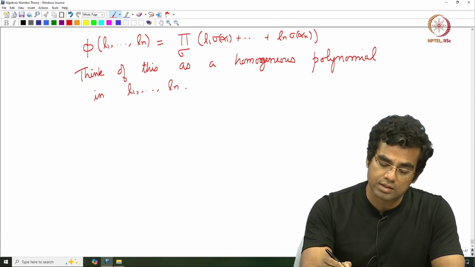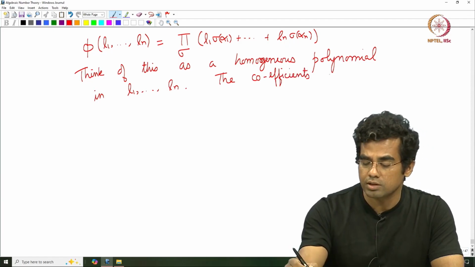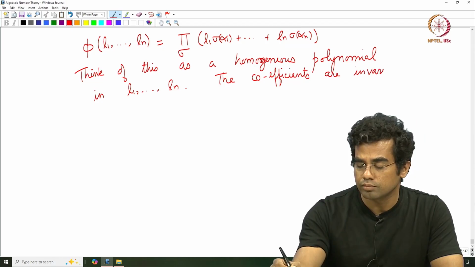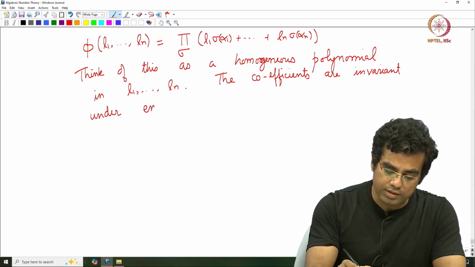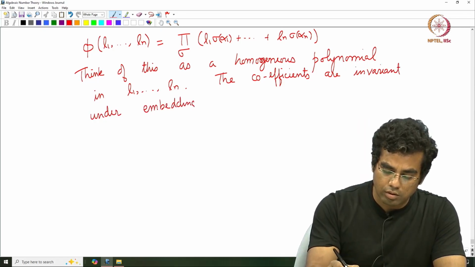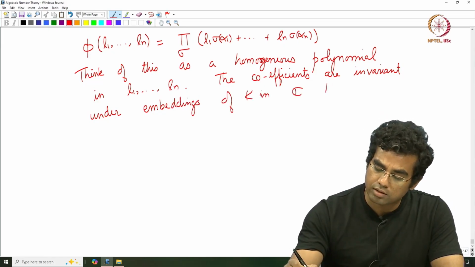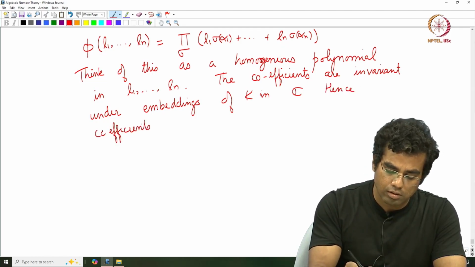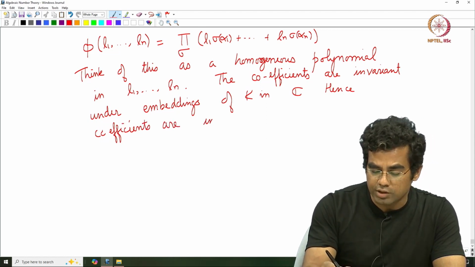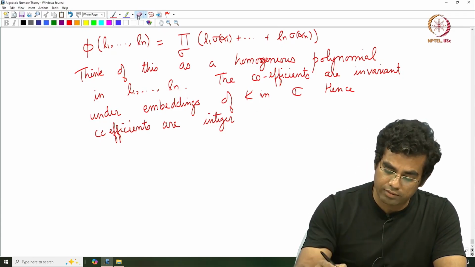But you see that because of the symmetry, the coefficients are invariant under embeddings of k in C. This means coefficients are integers. Okay. First of all, they are rational numbers. So, let me write it that way if you like.